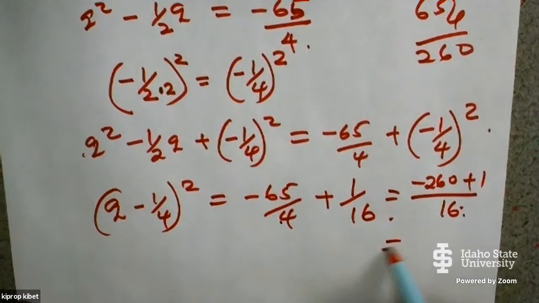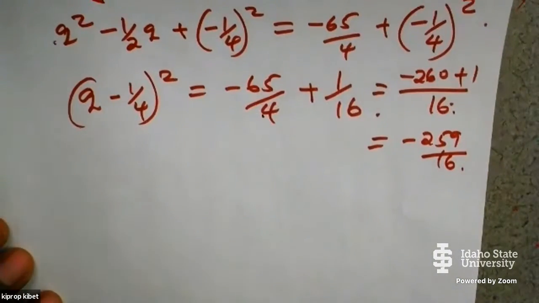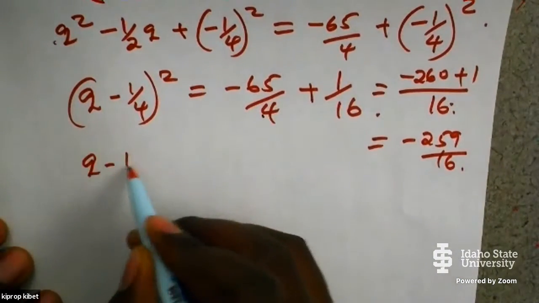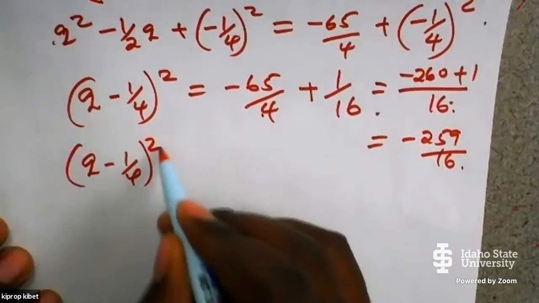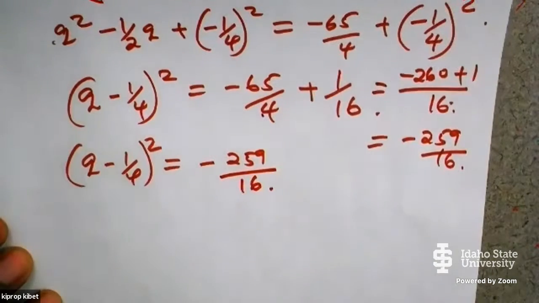So this one is minus 259 over 16. So (q minus 1/4) squared equals minus 259 all over 16.